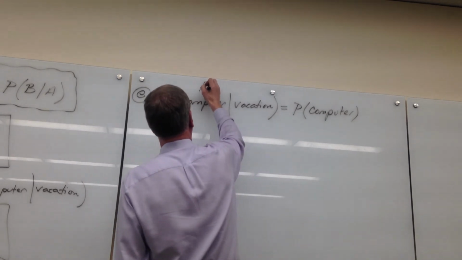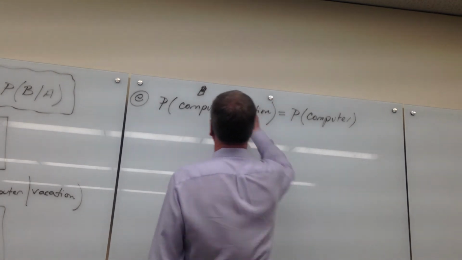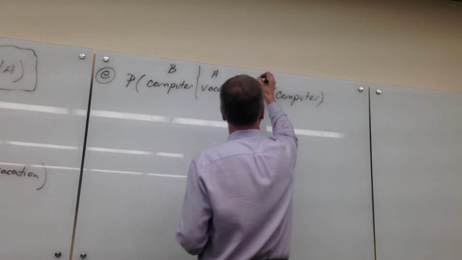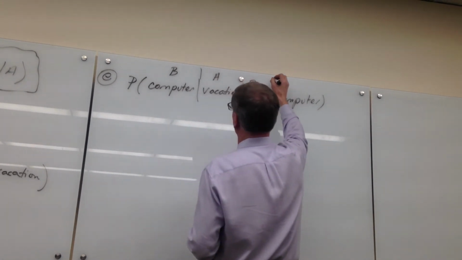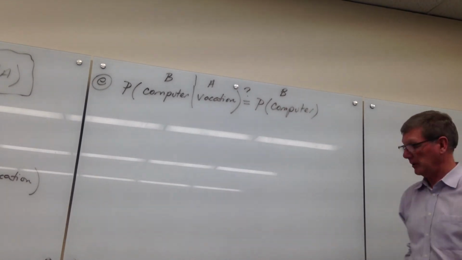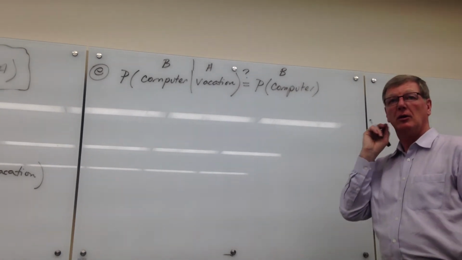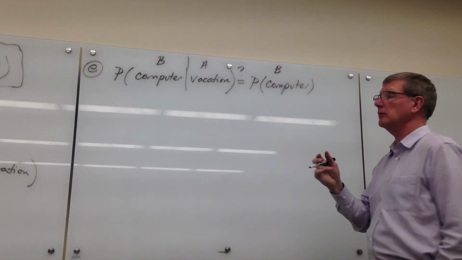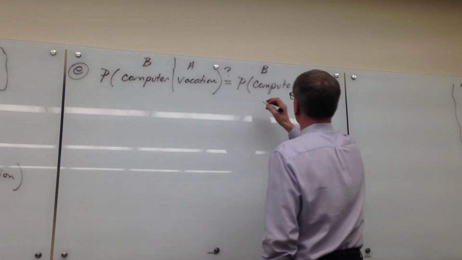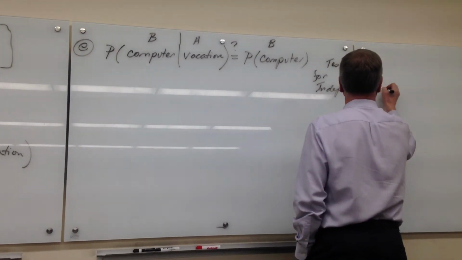This is the probability of B given A, is that the same as just the probability of B? That's our test for independence. And you can inversely use P of A given B equals P of A as well. Right, that's right. So this is the test for independence.